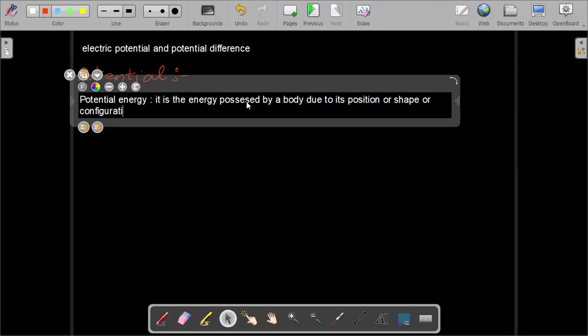So the energy possessed by a body due to its position, shape or configuration, we call it potential energy. We have done this with different objects, that different objects possess potential energies.